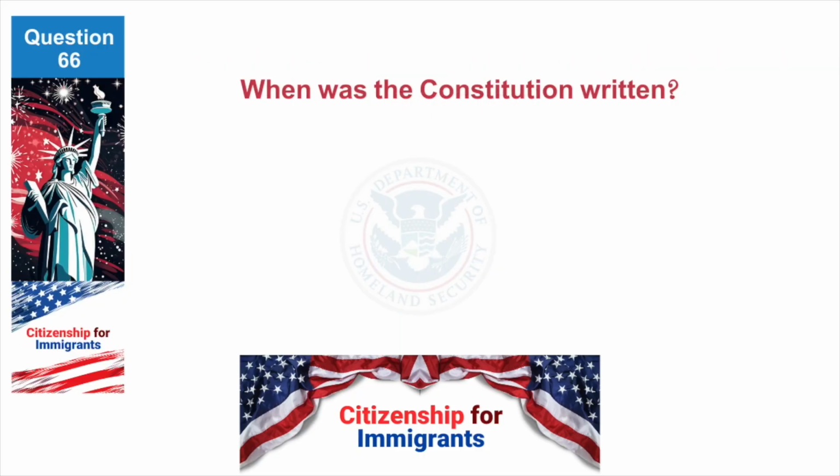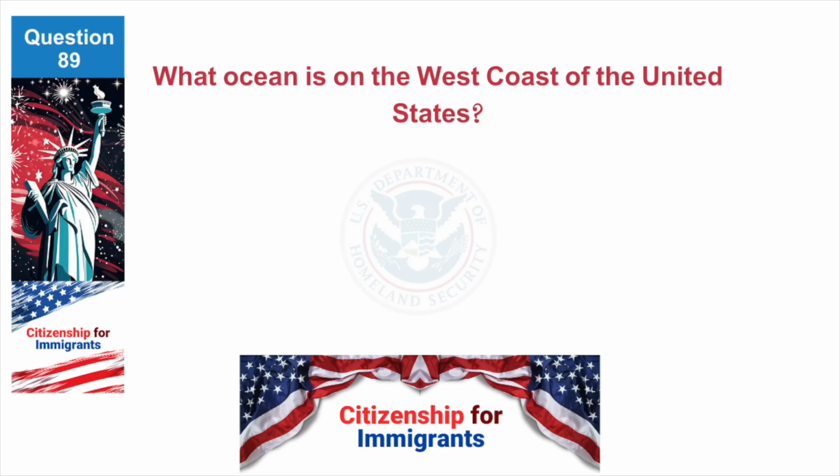When was the Constitution written? 1787. What ocean is on the west coast of the United States? Pacific Ocean.